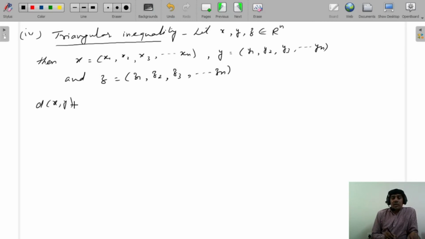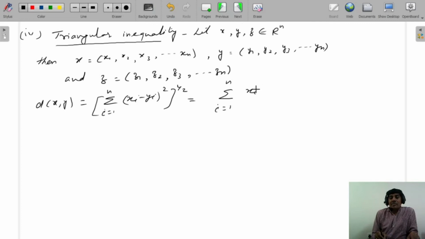dxy is equal to the summation, i varies from 1 to n, of (xi minus yi) squared, raised to power 1 by 2, which is equal to the summation of (xi minus zi plus zi minus yi) squared, raised to power 1 by 2. There is no change when we add zi and subtract zi.